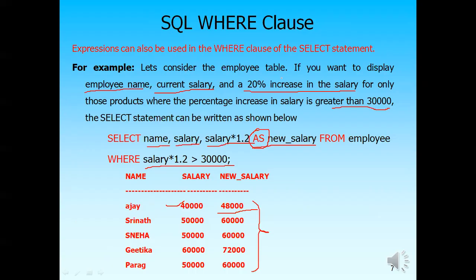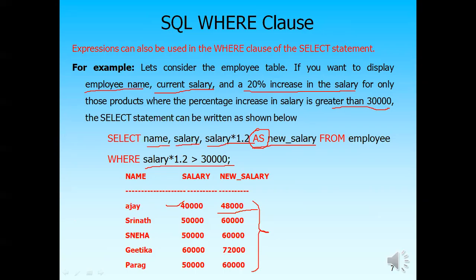Let us consider the employee table. If you want to display the employee name, current salary, and 20% increase in the salary for only those employees where the increased salary is greater than 30,000, the select statement can be written as shown below.